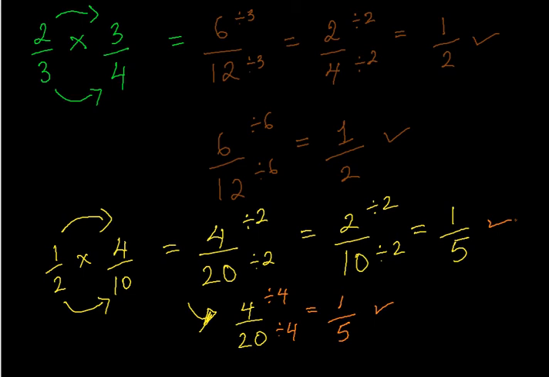Let's move on to another example where we're going to multiply a fraction with a whole number. So again, let's start with something like 7 over 10, and I want to multiply this by 20. Yeah, so 7 over 10 times 20.